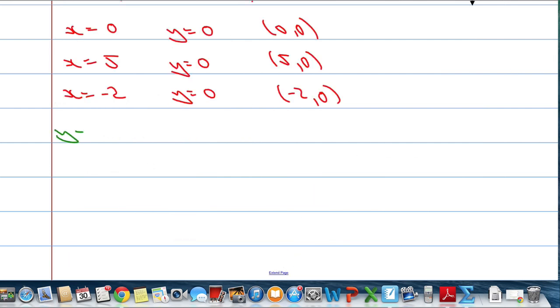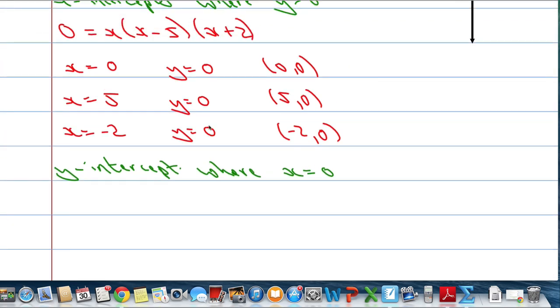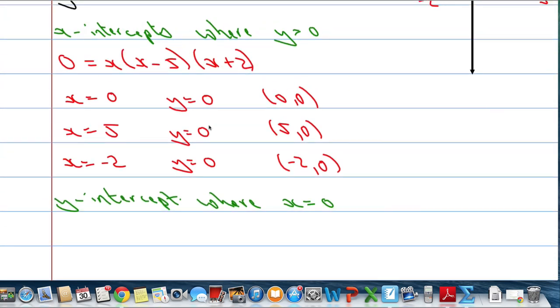So the y-intercept occurs where x equals 0. So if we go back up here and substitute, we end up with y equals 0 times 0 subtract 5 times 0 plus 2.